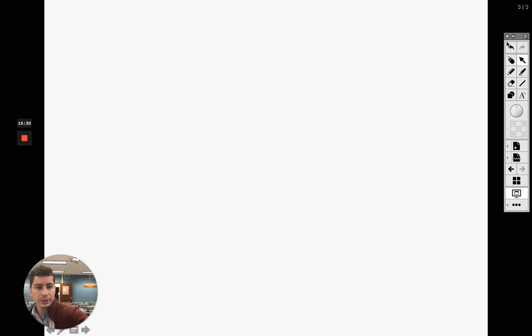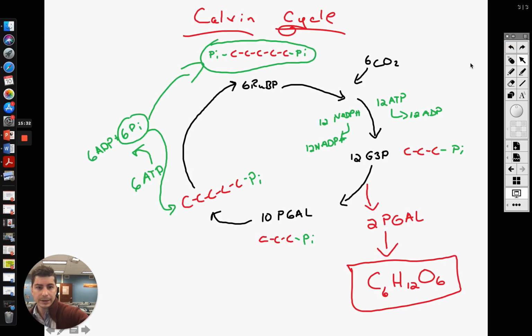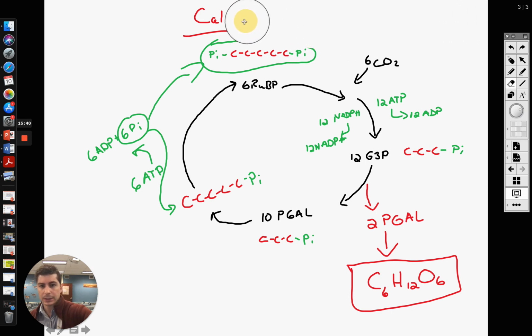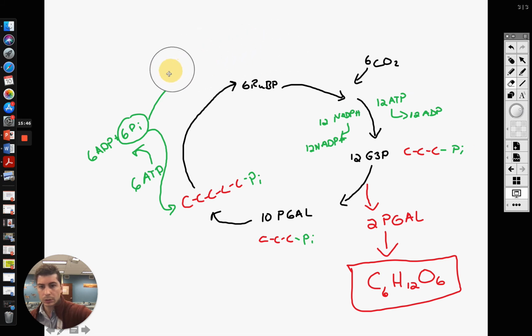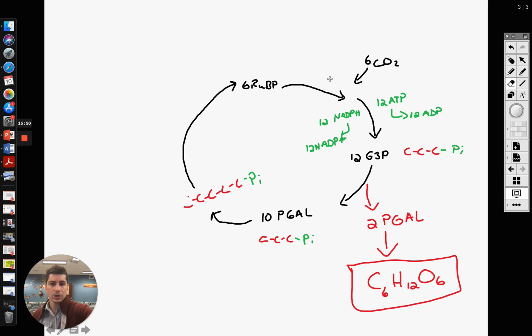We're going to bring this up here. Here is photorespiration, and I'm going to make it very simple for you guys. So we have our RuBP from the beginning. This is going to be photorespiration.